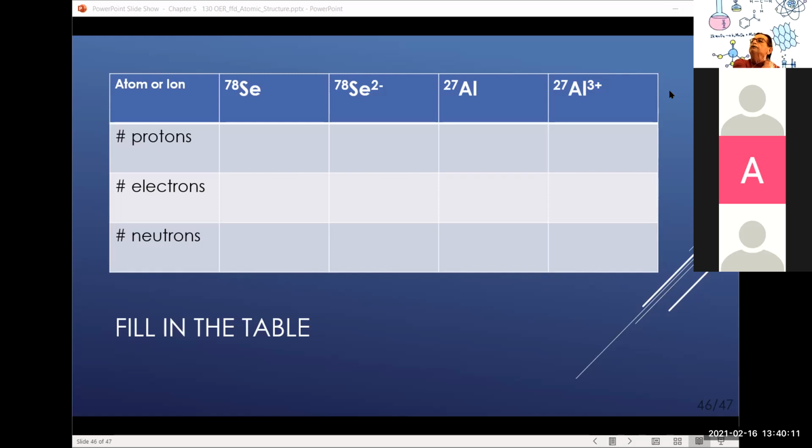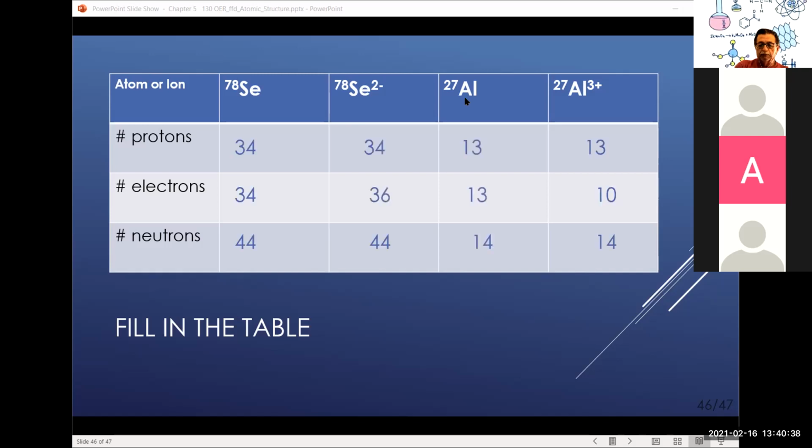The most common isotope for number 34 is actually selenium 79, but we're talking about selenium 78. And then we've got aluminum. Aluminum is number 13, and the most common isotope of aluminum is aluminum 27, which is what we're working with here.